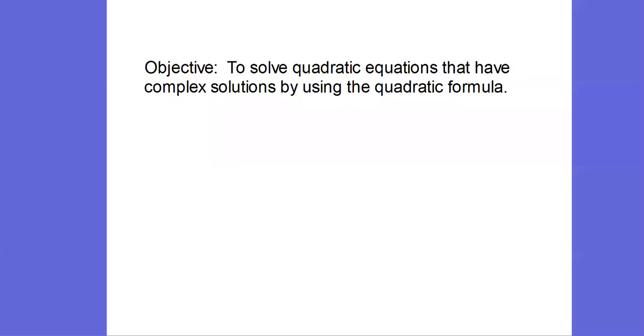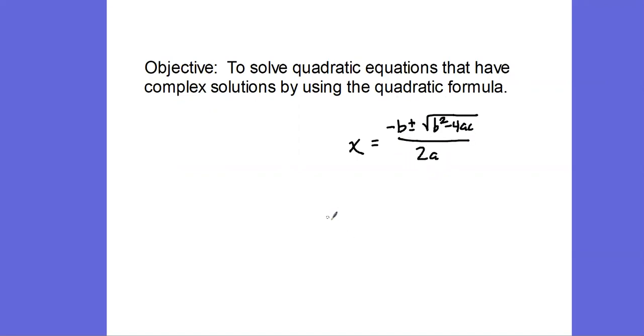Our goal in this video is to solve quadratic equations that have complex solutions by using the quadratic formula. So what is our quadratic formula? Let's refresh our memory on that. Our quadratic formula is x equals negative b plus or minus the square root of b squared minus 4ac all over 2a.